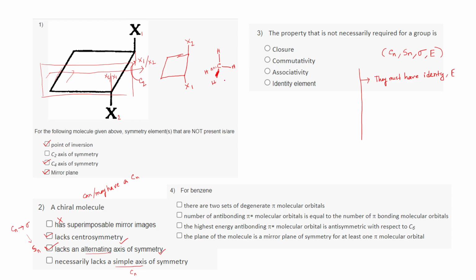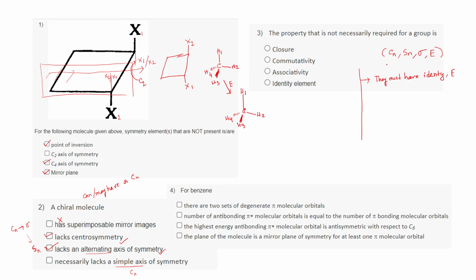If I perform the symmetry operation E, it will do nothing. Let me name them H1, H2, H3 and H4 to understand. So it will do nothing, and they must have an identity E.